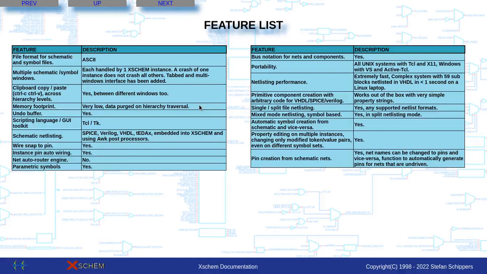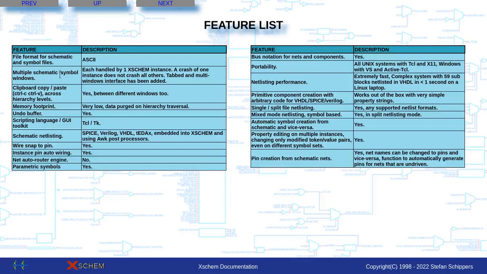Feature list. The file format for Xschem is ASCII, so we are not using a binary format. The format is documented, so you can easily create, even with a text editor, a valid schematic file.